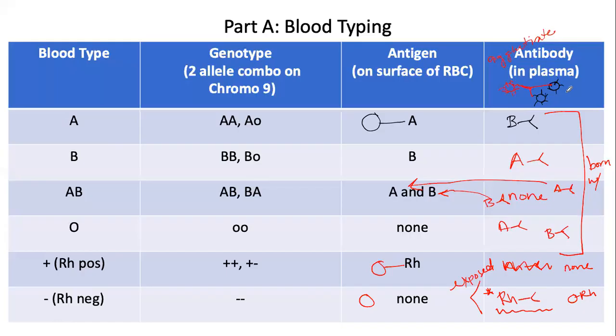So the first time you encounter a foreign bacteria or virus, it takes about 14 days to have a full immune response. That includes making your antibodies and your whole cavalry, your white blood cells coming in, et cetera. The second time you come in contact with a foreign antigen, a bacterial or viral antigen, you're going to have a full antibody and immune response within 48 hours.